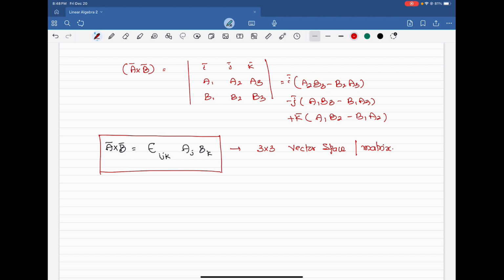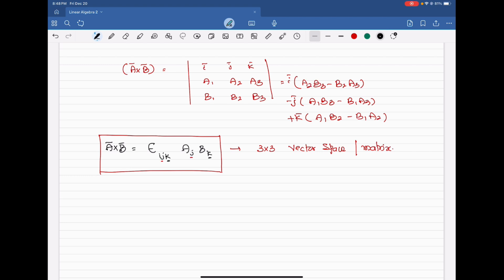Now, you just see A cross B I have written as epsilon ijk, which I have defined already, and aj. Here I left i and I put j here for A and k here for B. Please try to follow this very carefully.